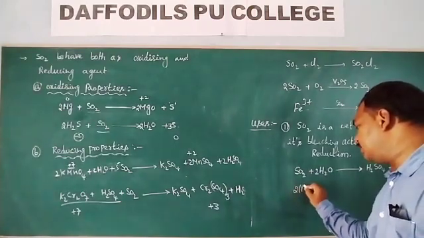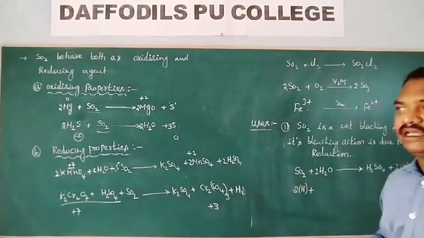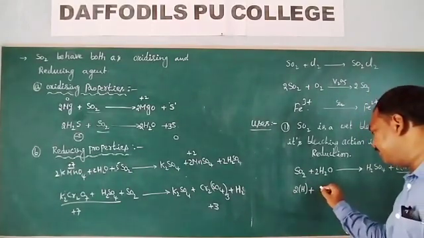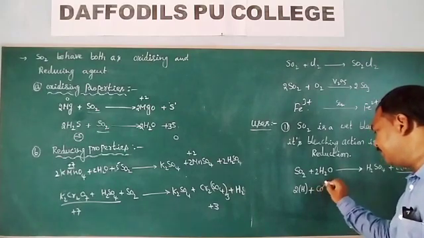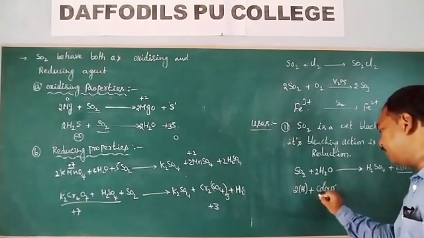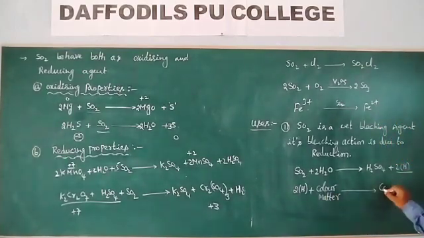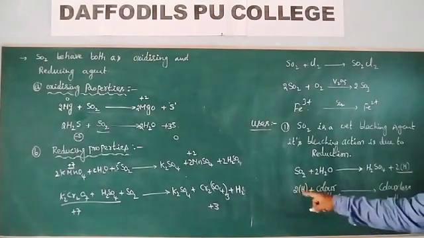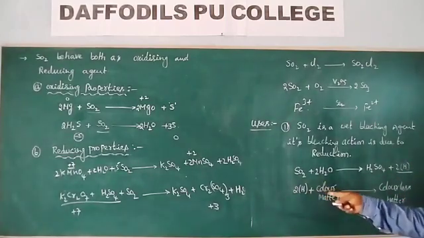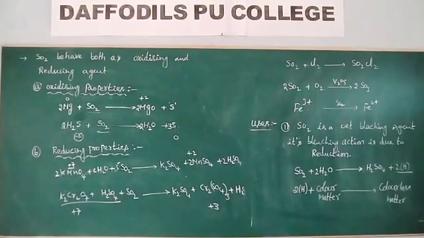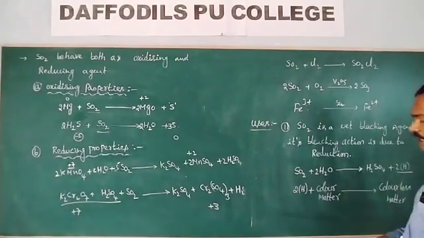This nascent hydrogen decolorizes the vegetable colored matter. When nascent hydrogen is passed through colored matter, it decolorizes the colored matter. You get the colorless matter.